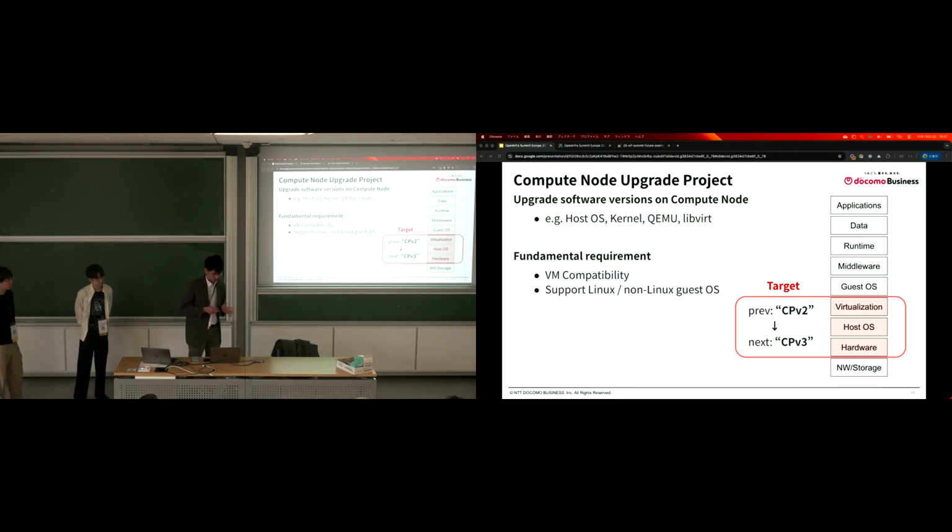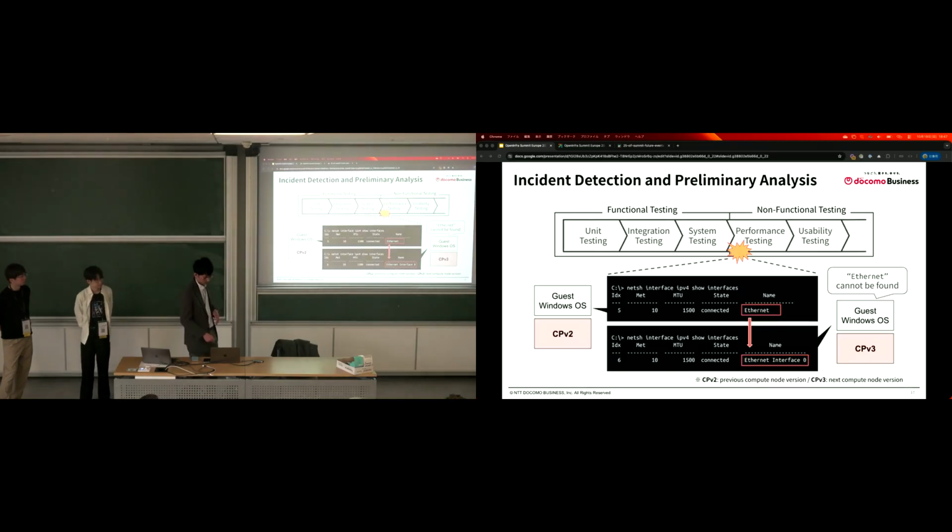So, consequently, for this upgrade project, it is a critical requirement to verify that non-Linux OS function correctly and without issues. The incident in case 2 was discovered during performance testing on the new platform. This performance test is part of our non-functional testing, of course conducted after functional testing.